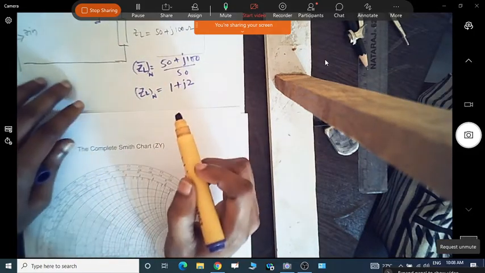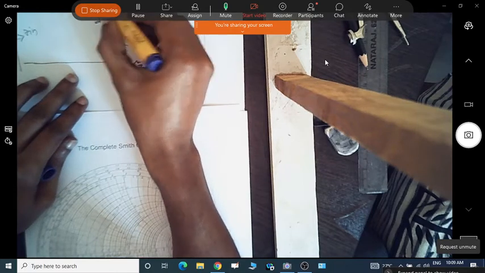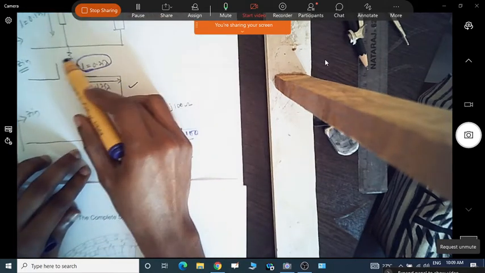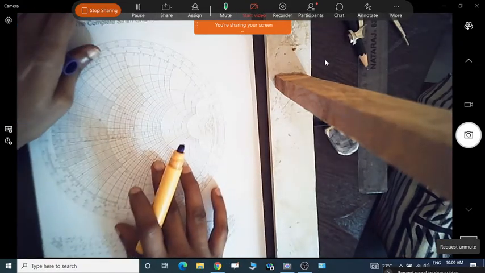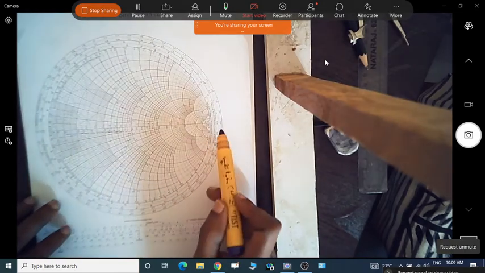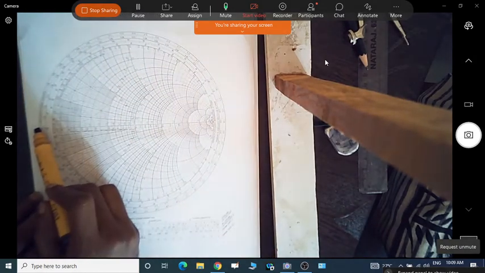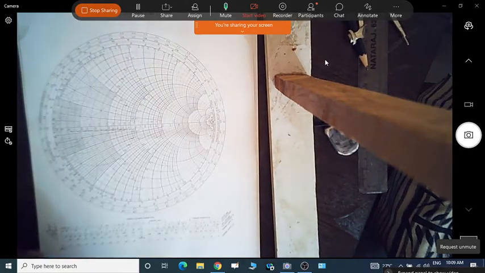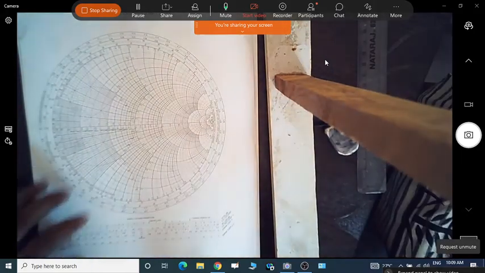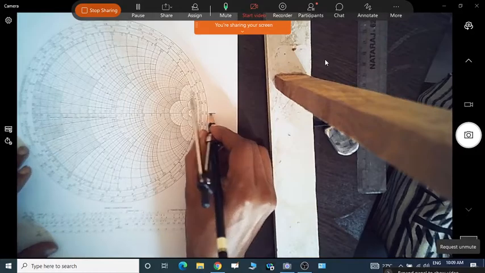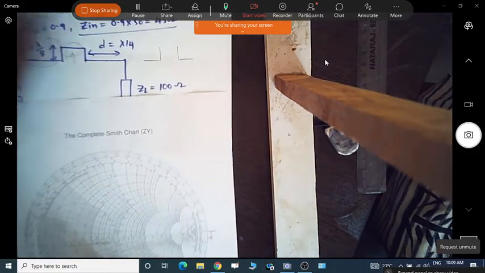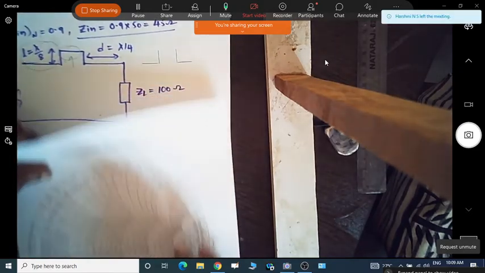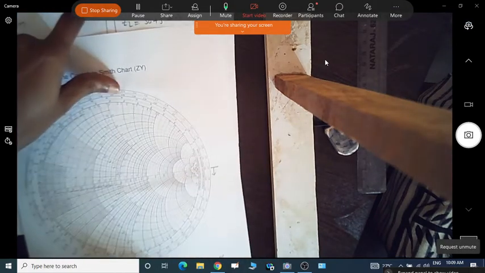Now first we are going to find out the reactance offered by the length of the open stub. In this chart we can see the open circuited point is here, and the short circuited point is here. From this we can find out the distance we need to move, which is 0.25 lambda.